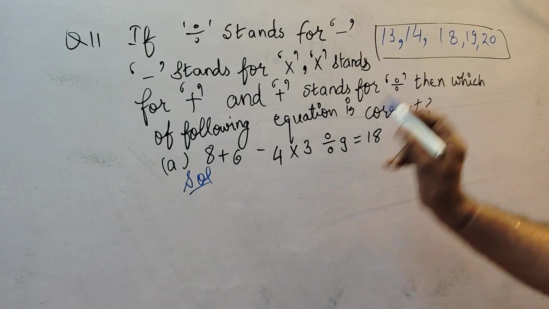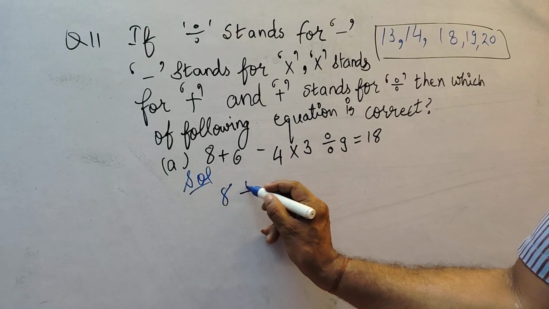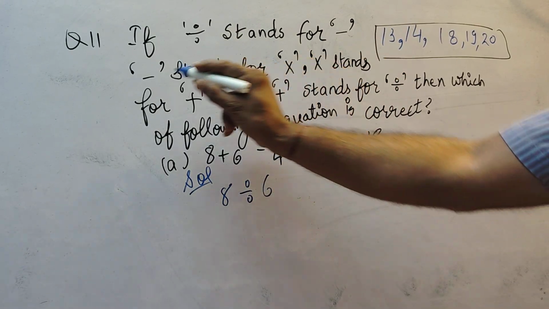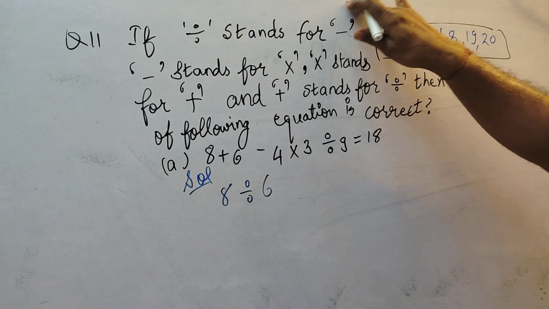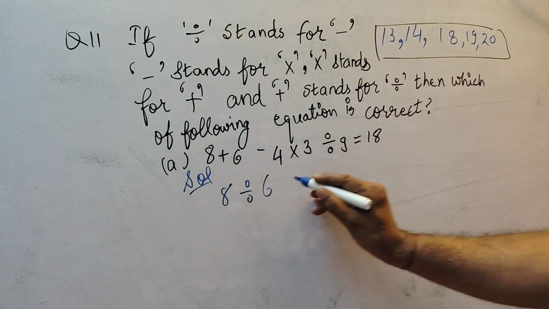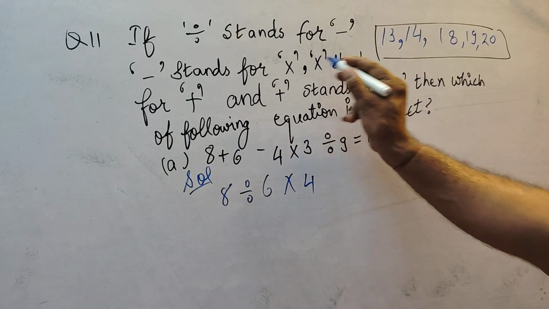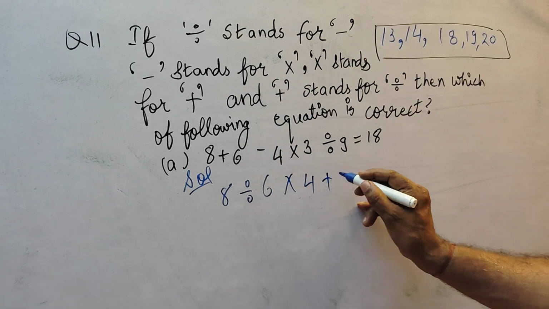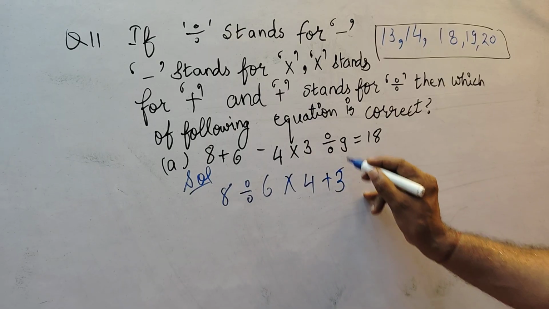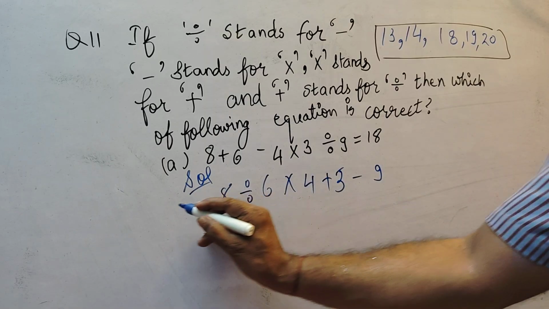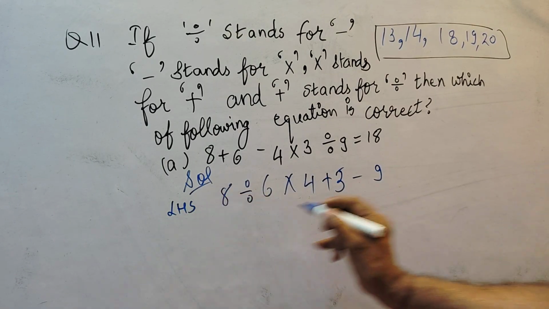Plus stands for divide, so we write 8 divide 6. Minus stands for multiply, so we replace with the multiply sign. Multiply stands for plus sign and divide stands for minus sign. This is our left hand side, LHS.